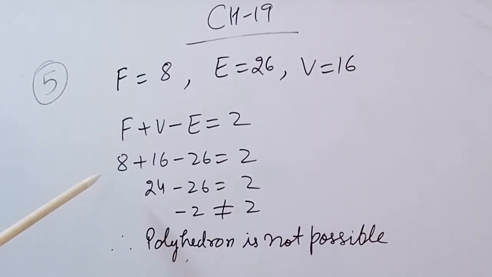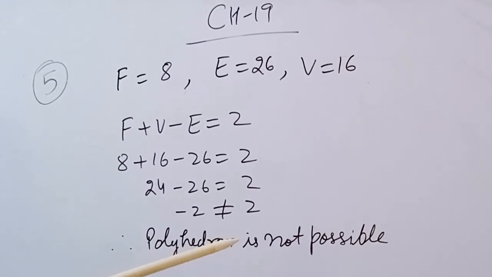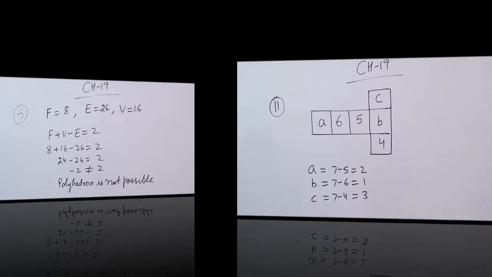So put F equal to 8, V equal to 16 and E equal to 26. 8 plus 16 is 24, minus 26 should equal 2. But 24 minus 26 is minus 2, and minus 2 is not equal to 2. Therefore the right hand side is not equal to the left hand side. Therefore a polyhedron is not possible with this figure.